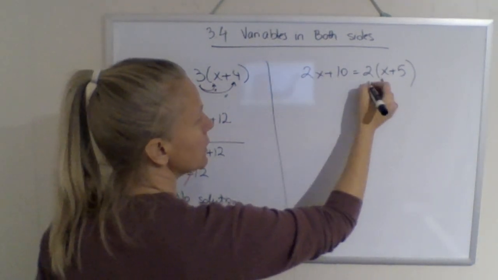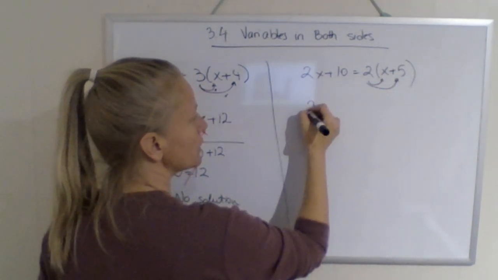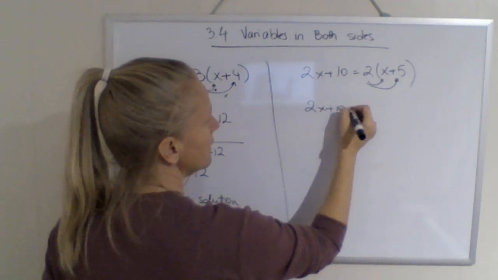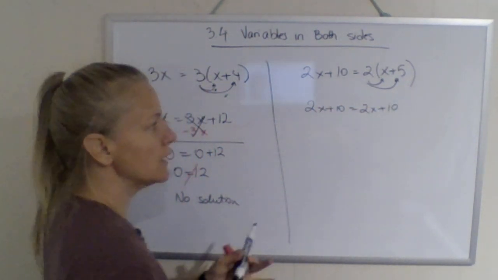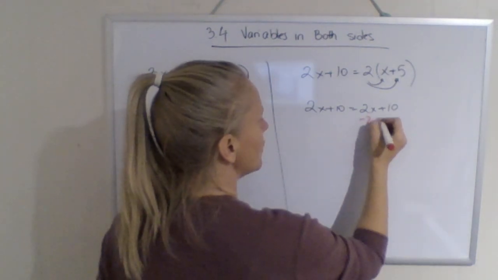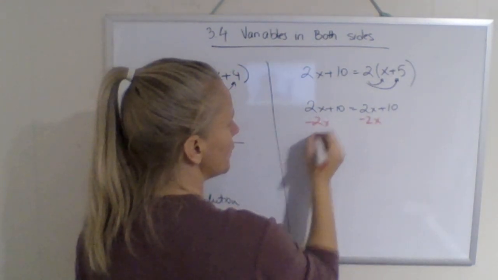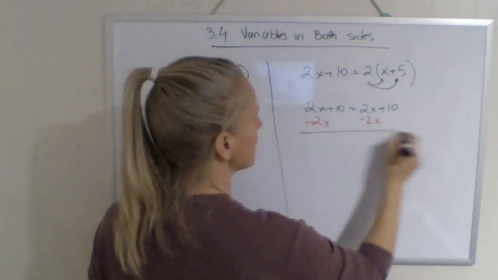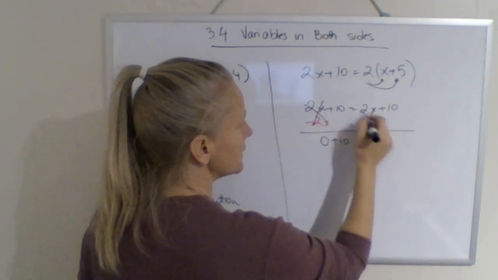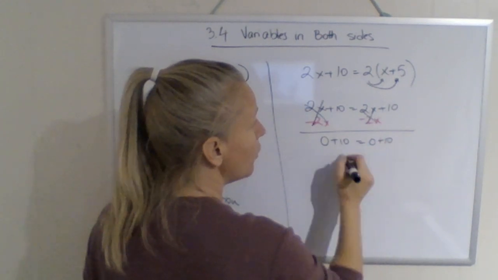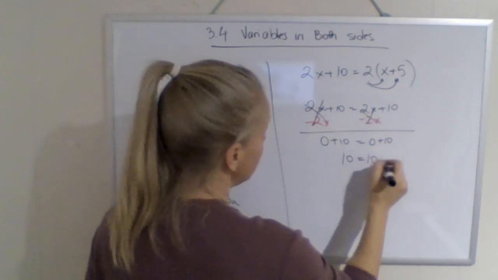Let's look at the next one. Again, we have a distribution. We'll do the distribution first. 2x plus 10 equals 2x plus 10. Look at that beautiful number. First things first, I'm going to bring the two x's to the other side to have x's together. This becomes a 0 plus 10 equals a 0 plus 10, or 10 equals 10.